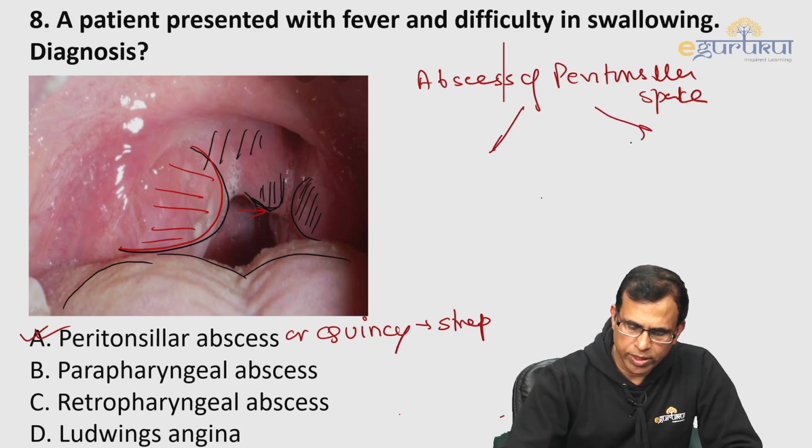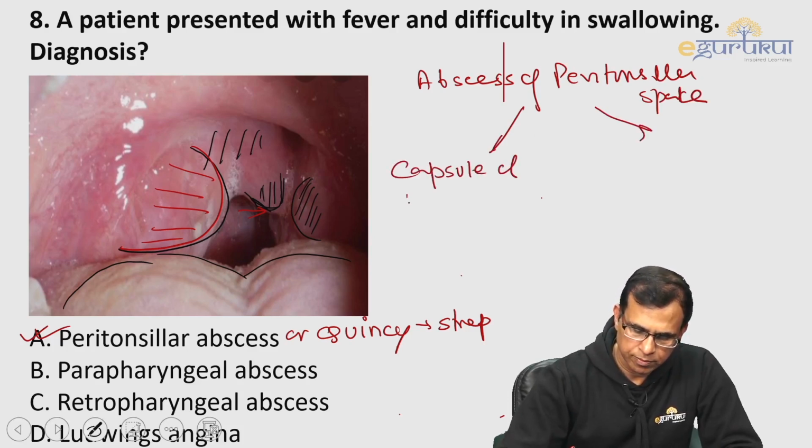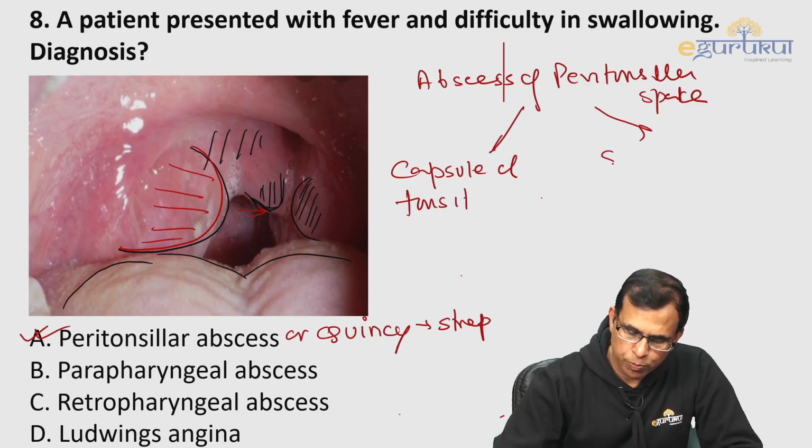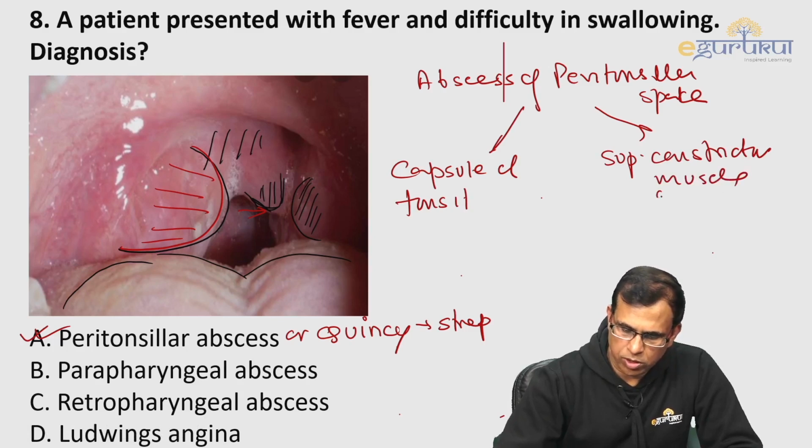It lies between the capsule of the tonsil and superior constrictor muscle. Superior constrictor muscle is sometimes called the bed of tonsil, right?